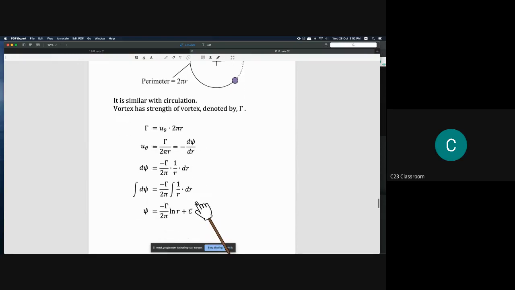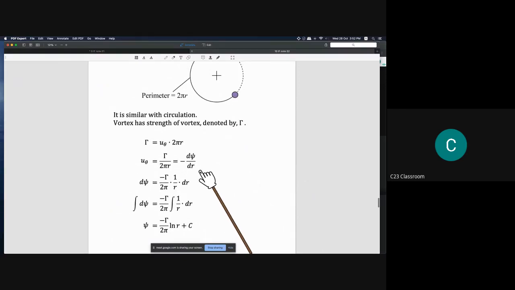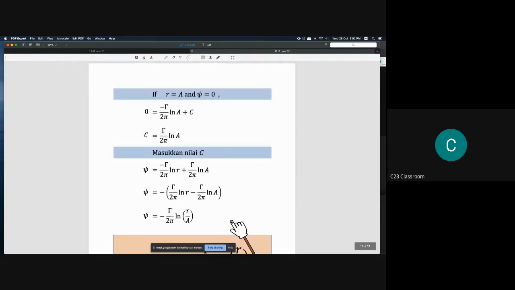And then what we need to do is integrate both sides, and then we will get psi equal minus gamma over 2 pi ln r plus c, because the integration needs to come with the constant. Then we substitute the value of r equal a and psi equal 0.